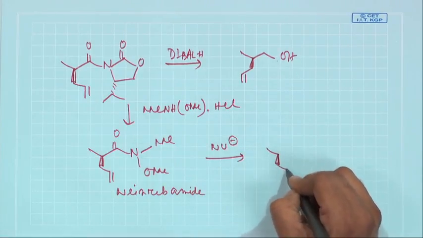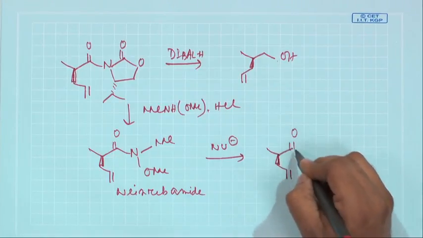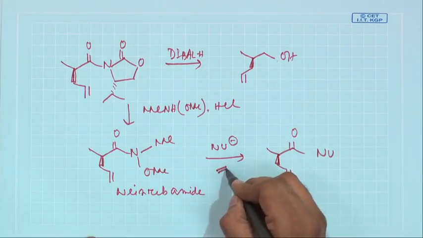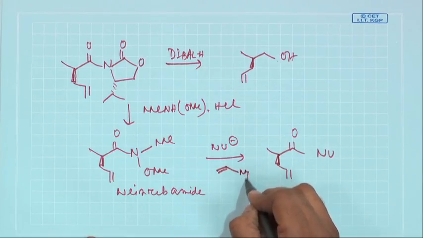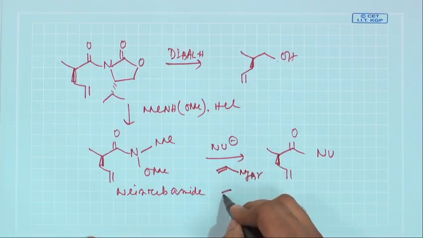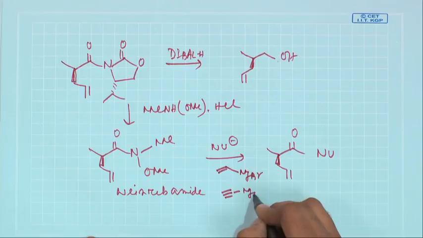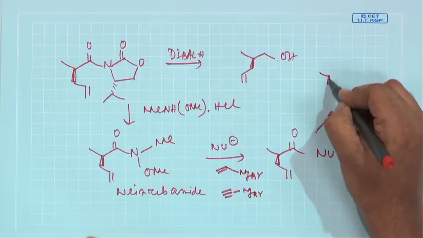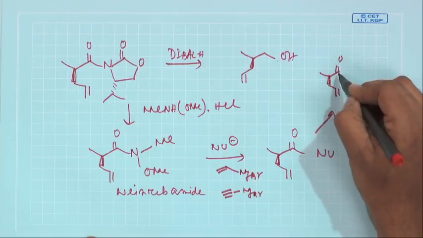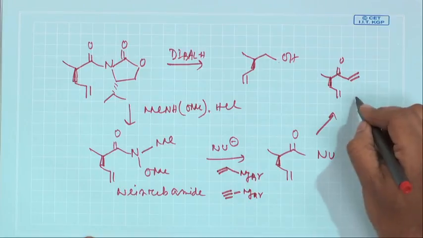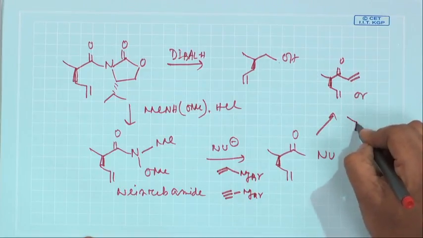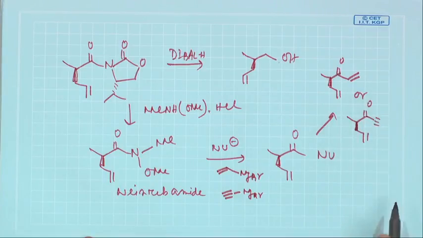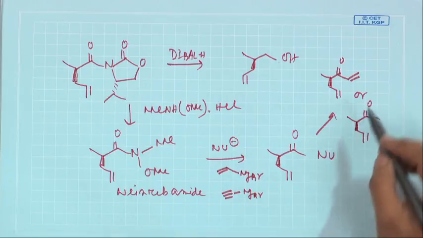Now, this Weinreb amide basically reacts with any simple nucleophile, so that if your final target now has to be this kind of compound. So, this kind of nucleophile could be your vinyl Grignard, could be your acetylenide Grignard, and based on this you can basically get compounds like this kind of vinylic ketone or this kind of propargylic ketone based on your desired requirement.